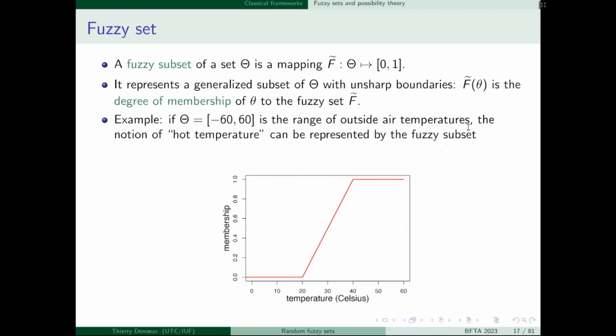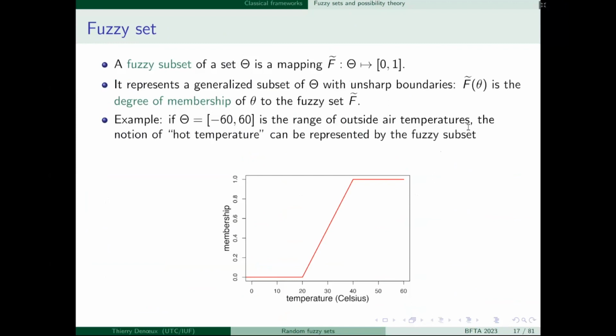This represents a generalized subset of theta with unsharp boundaries. There are many examples in natural language: the set of tall people, the set of rich people. We cannot say that an element belongs or does not belong; there is a degree of membership. Actually, almost all concepts are like this. It's a simplification to consider that some proposition is completely true or false.